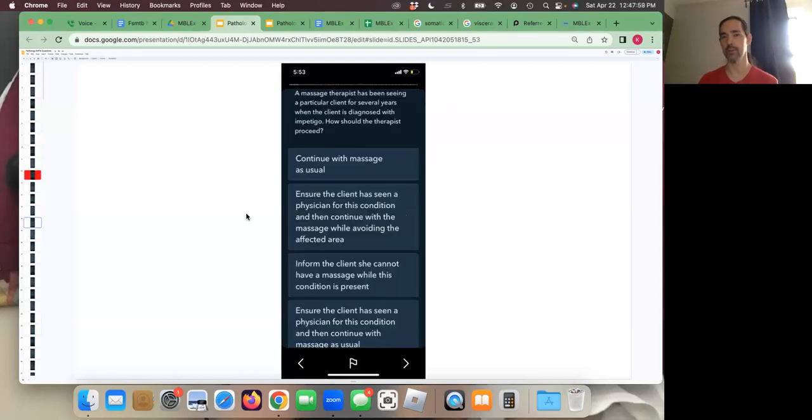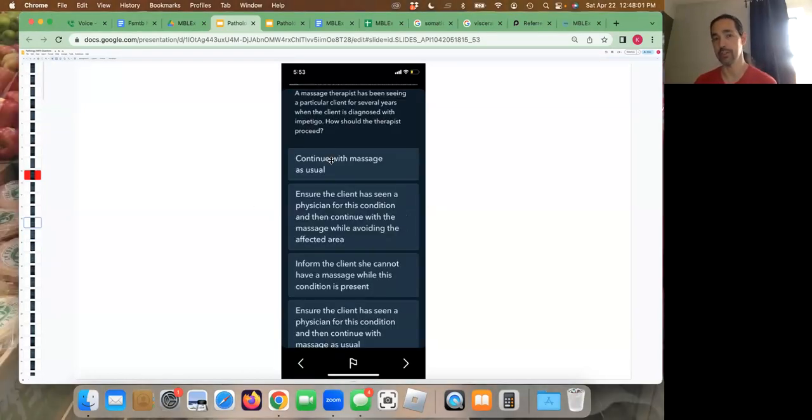So again, the options were: continue with massage as usual; ensure the client has seen a physician for this condition, and then continue with the massage while avoiding the affected area; inform the client she cannot have a massage while the condition is present; ensure the client has seen a physician for this condition, and then continue with the massage as usual.